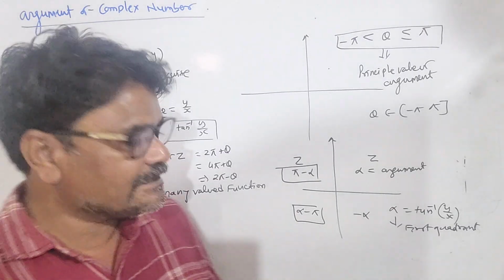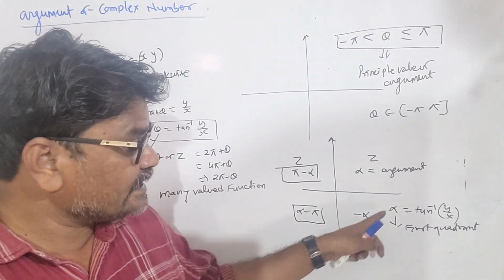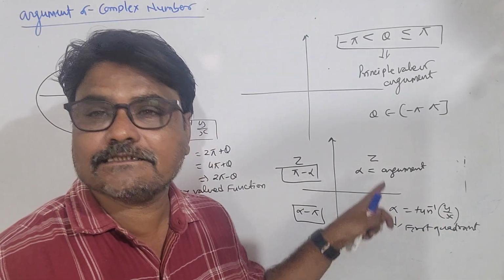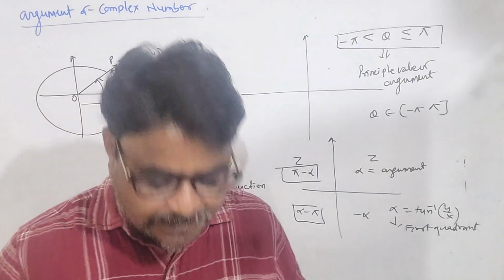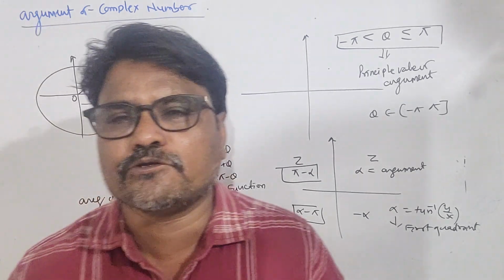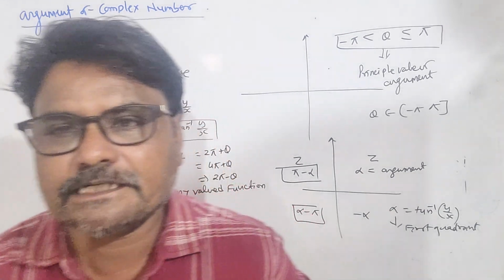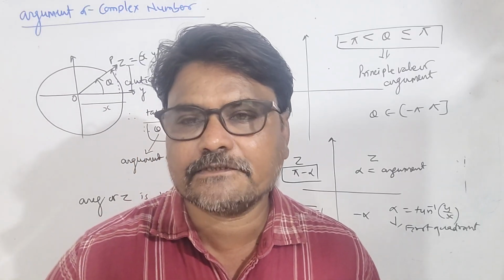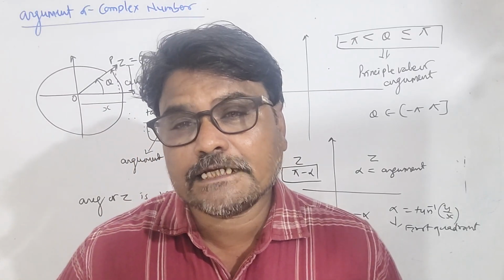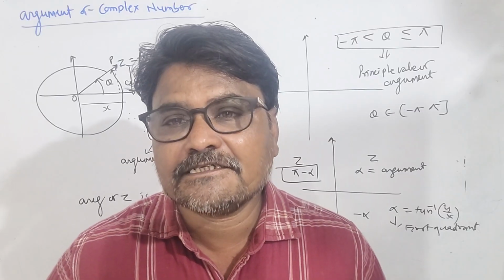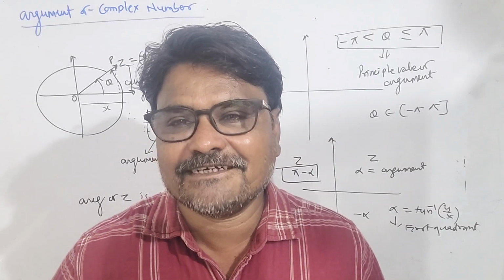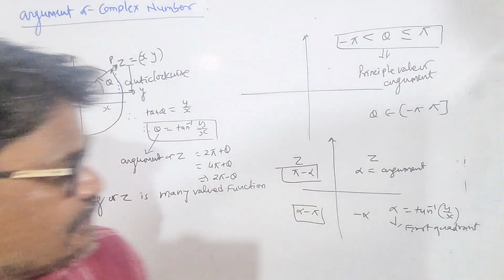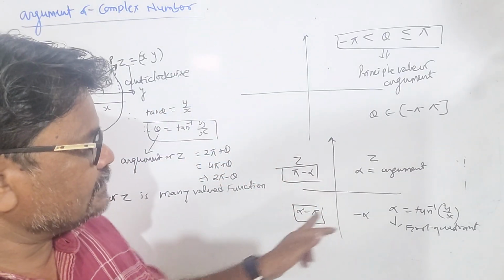Lying in the third quadrant, then alpha minus pi, where alpha is tan inverse of y by x according to z lying in the first quadrant. So if it is lying in the second, third or fourth quadrant, you have to take the modulus of that coordinate which is negative. Y is negative or x is negative, take the modulus so that it becomes positive. That means you are calculating the argument of z by keeping in mind that z is lying in the first quadrant, and according to that you can calculate the argument.